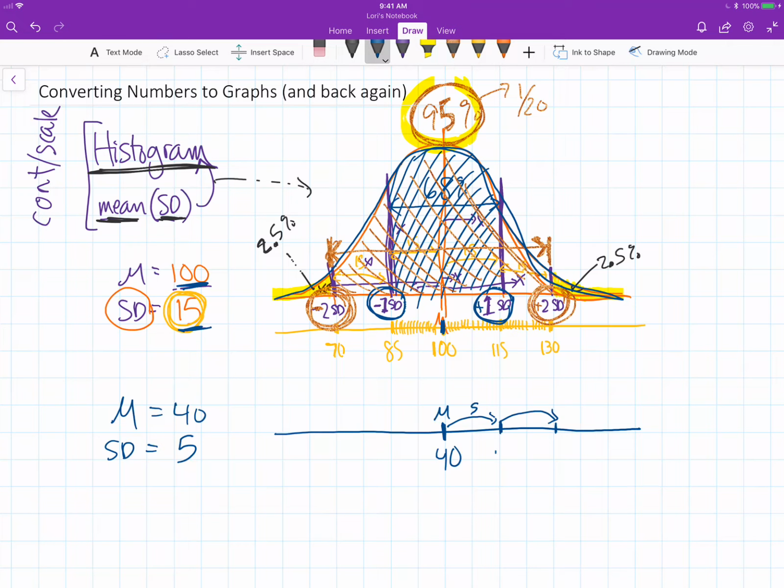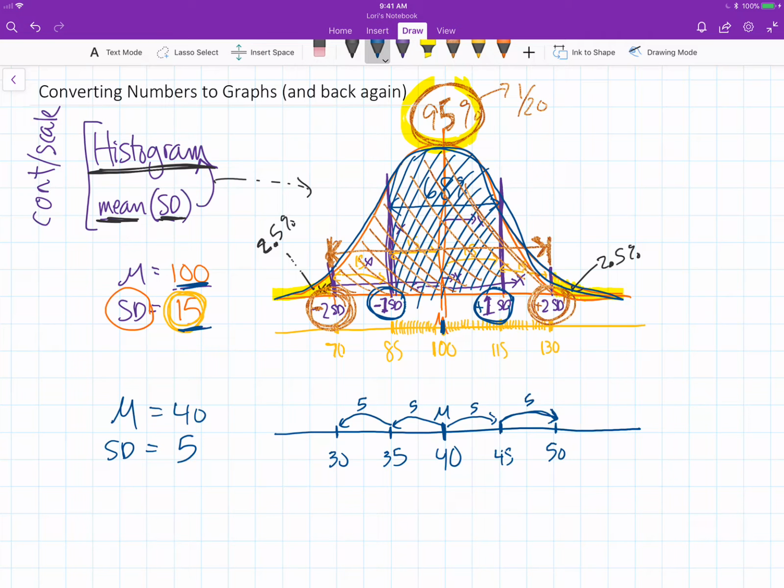So 40 plus 5 is 45. 45 plus 5 is 50. And then 1 and 2 standard deviations below the mean is 35 and 30, respectively.